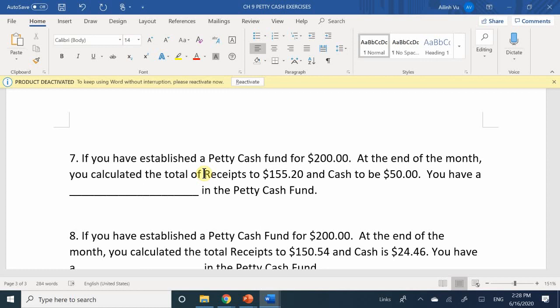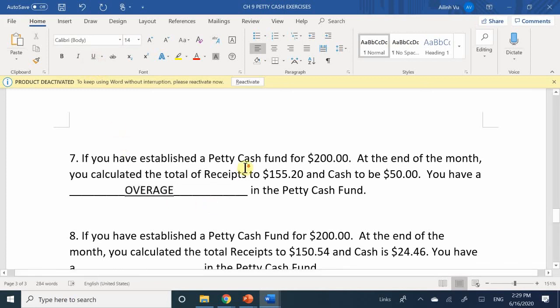Overage. $5.20. You have an overage. Yes. You have an overage. So answer is overage. Oopsies. Let's make that all capital. Overage in your petty cash fund.